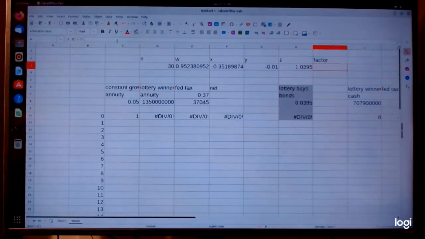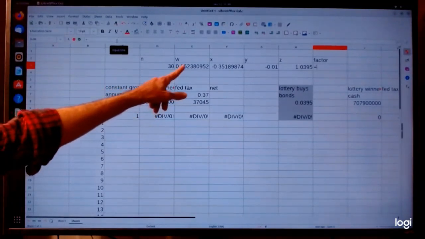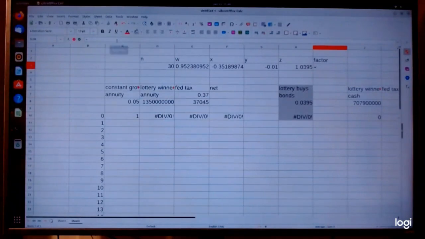And our factor is what? E3 times F3 divided by G3 times H3. All right, yeah, that's correct there.